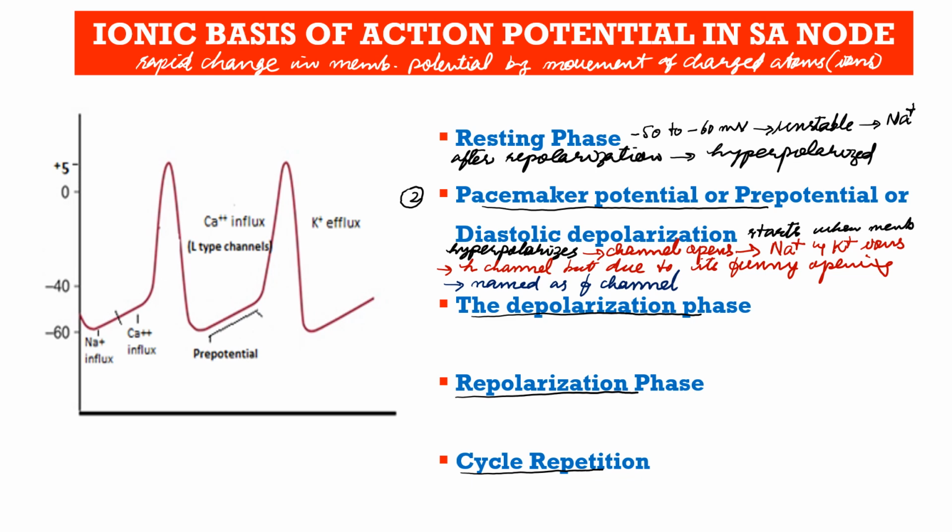When this channel opens, the sodium starts moving inside. As you can see from this diagram, when sodium starts moving inside the cells, this completes the first part of diastolic depolarization.